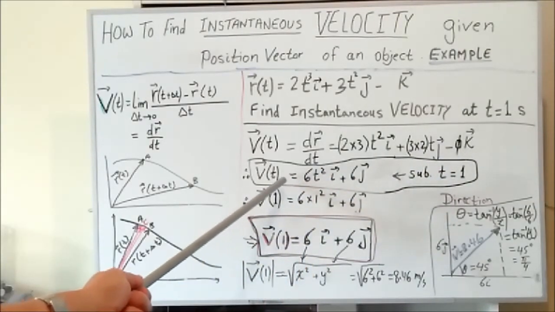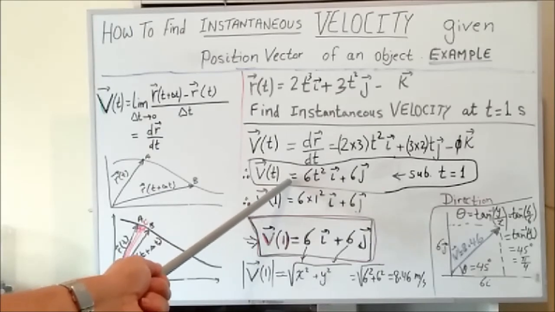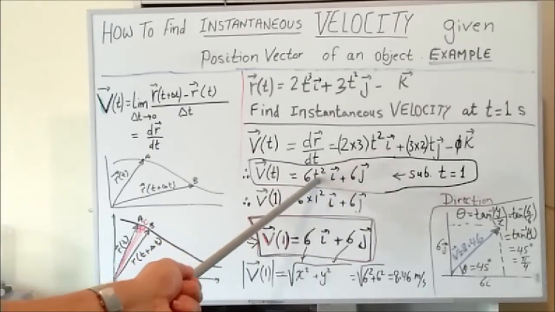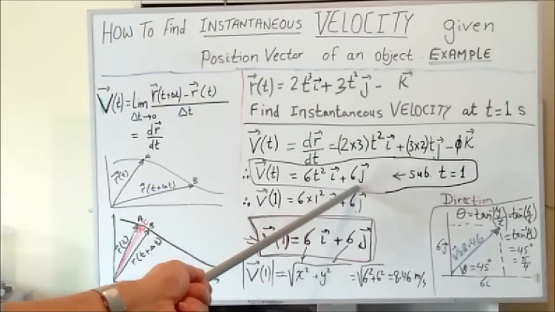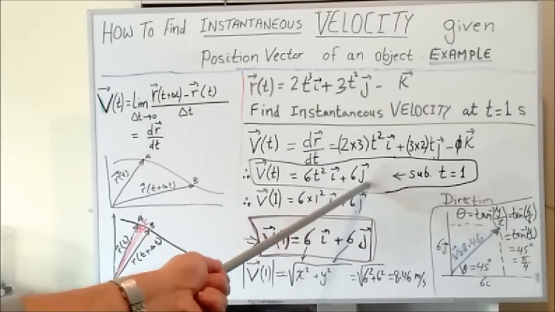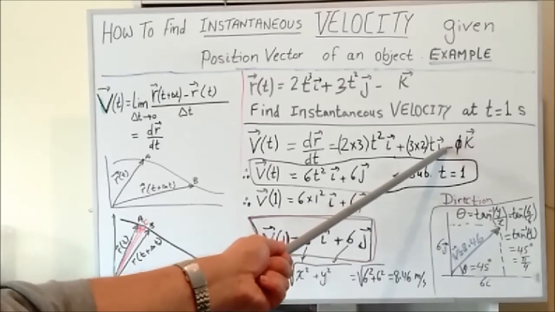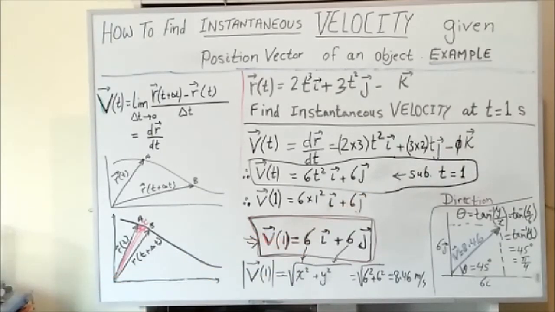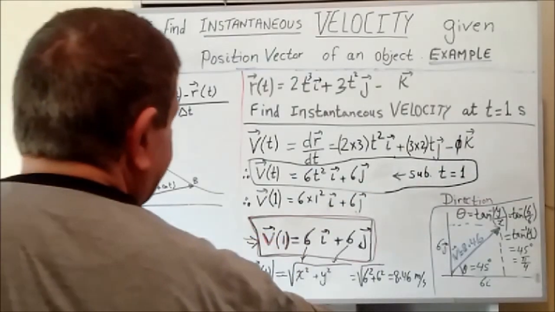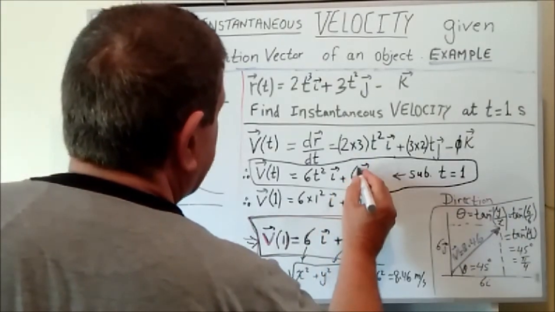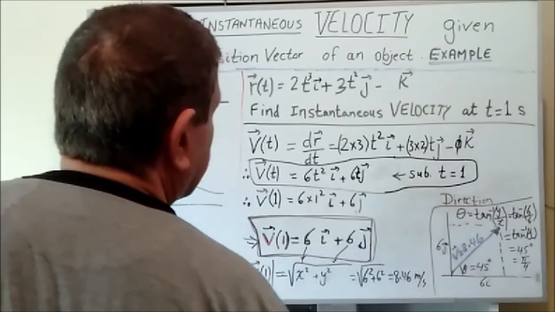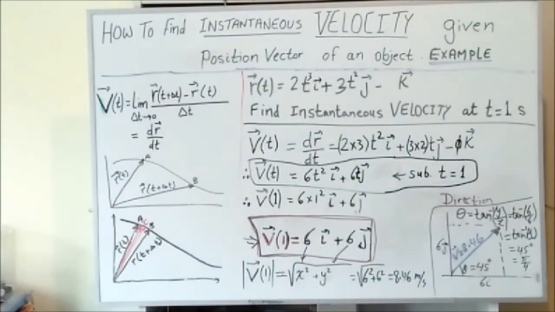Okay, simplify. So V(t), instantaneous velocity, equals 6t square i plus 6t j. So we need to put in the value of t.